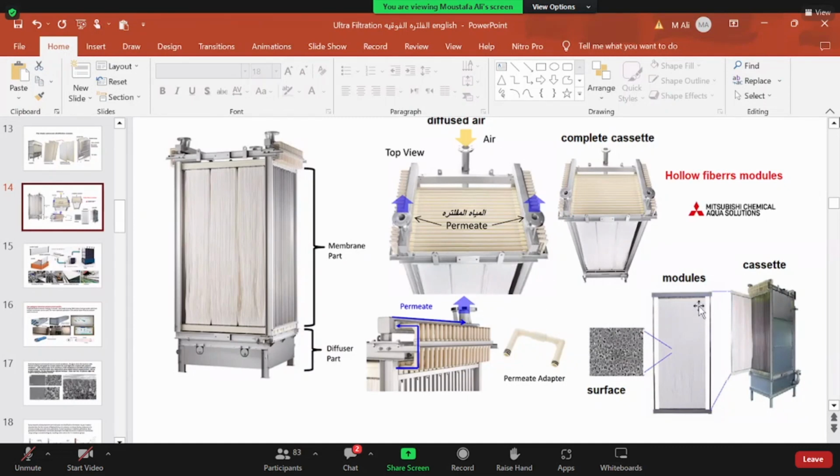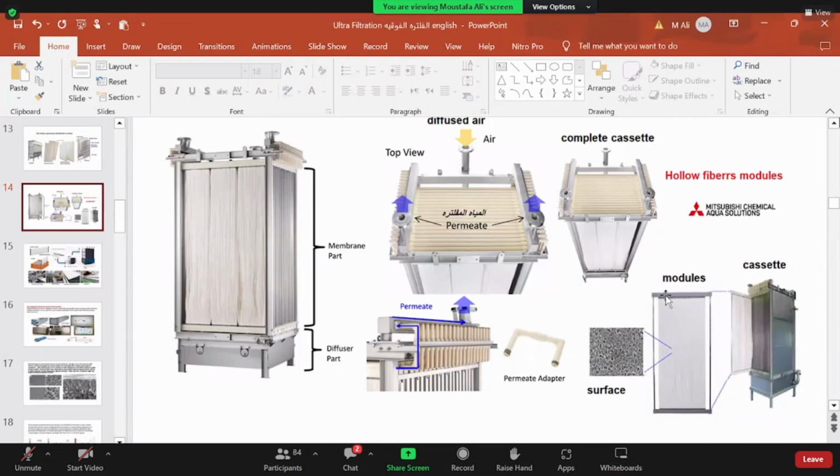So in general, this is the membrane module. It's a set of hollow fibers, like a sheet, arranged in one level. The upper part is connected to the suction side. The lower part is blind, as we see here, just one part to gather all the fibers.